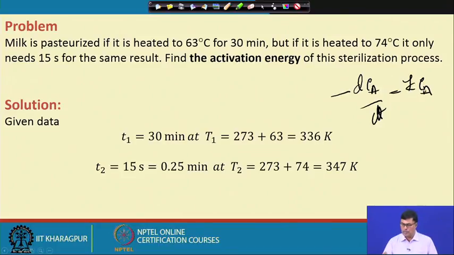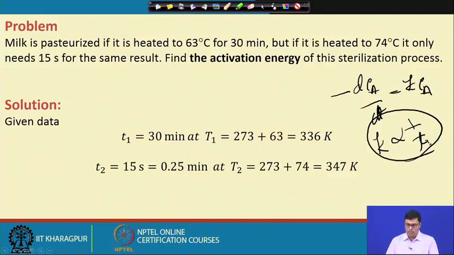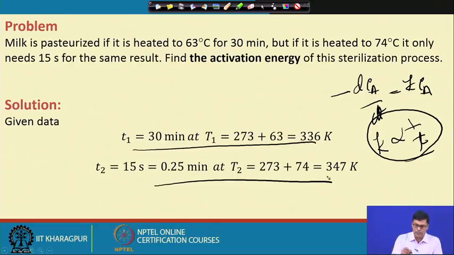Am I right? So, the CA is cancelled, and your rate constant k is basically inversely proportional to time. So, now this is the problem that is given.